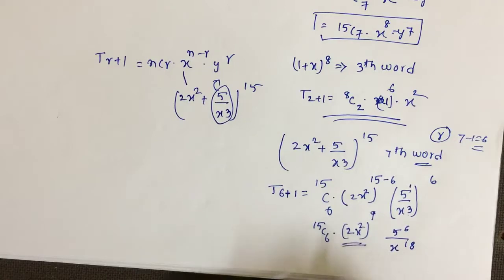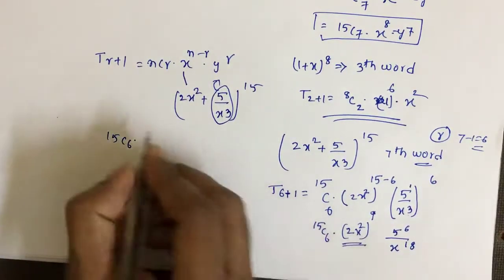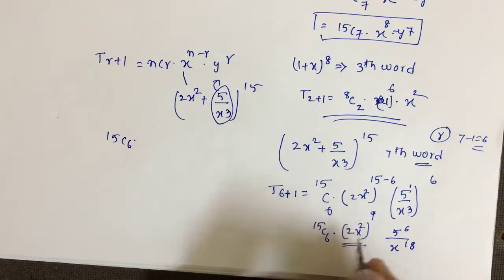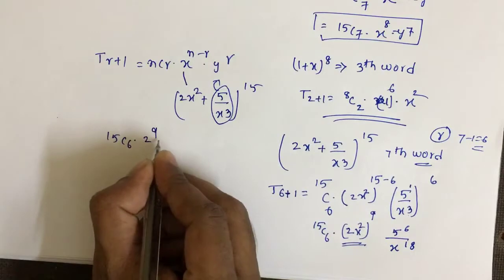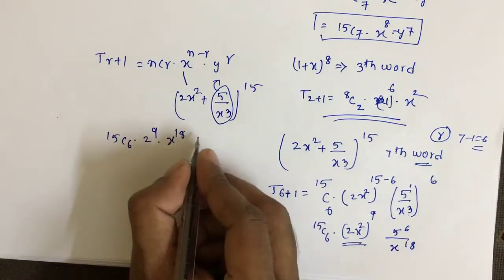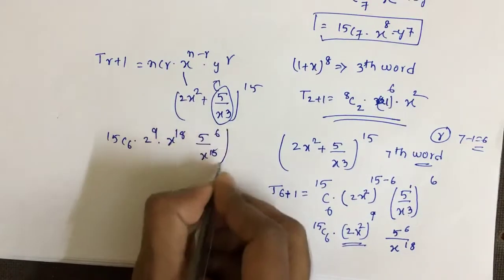Now this one we will split, 15 C 6. So this one we can write 9 twos are 2 power 9, and 9 twos are 18, x to the 18, and next 5 to the 6 by x to the 18.